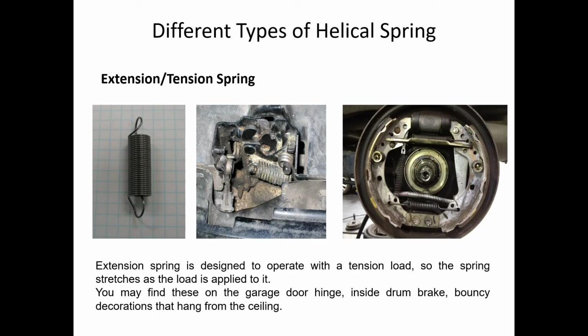Extension or tension spring. An extension spring is designed to operate with a tension load. So the spring is stretched as the load is applied to it. We generally find this spring in our brake drum, and bouncy decorations that hang from the ceiling.